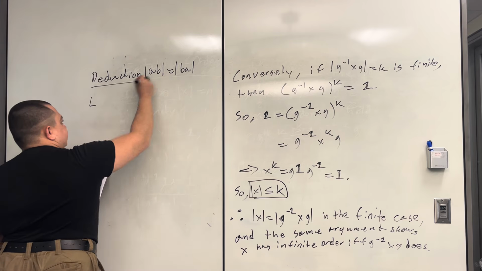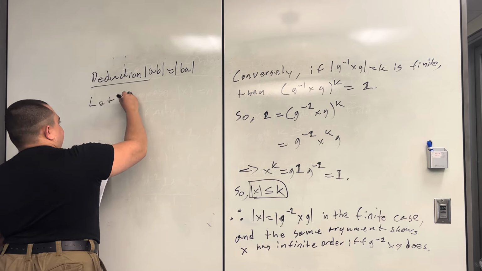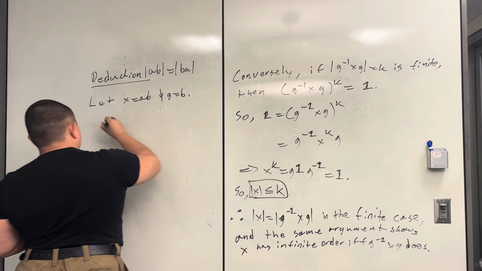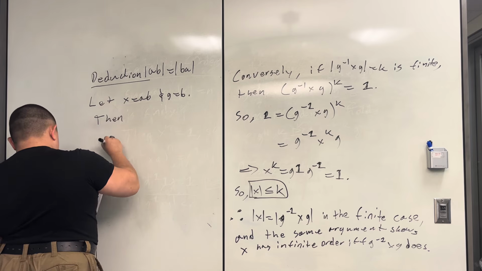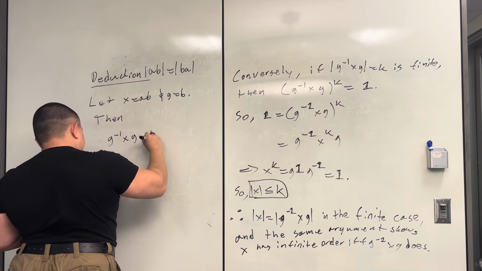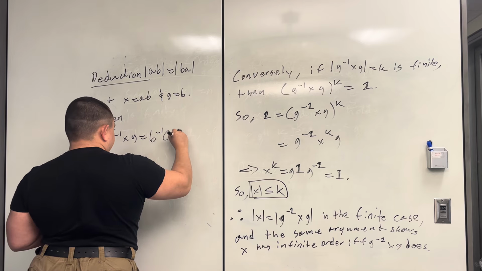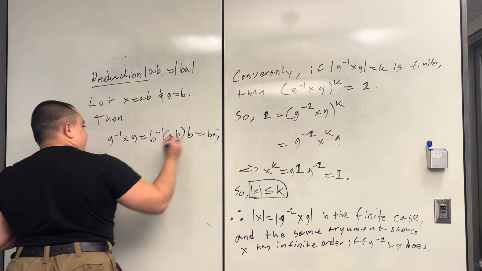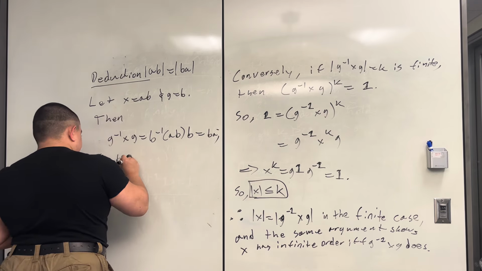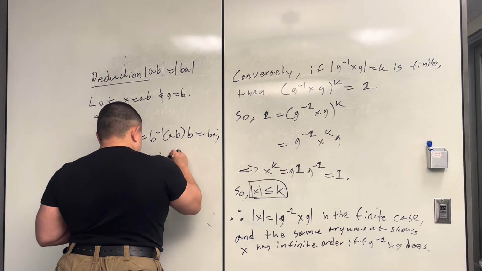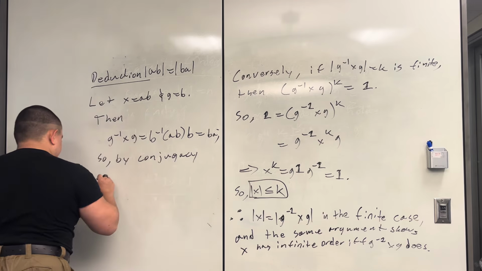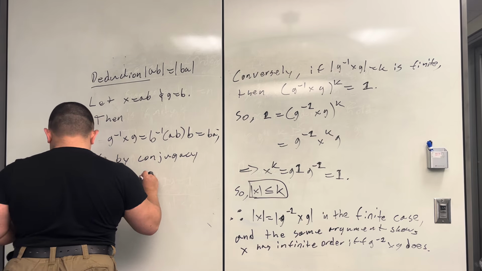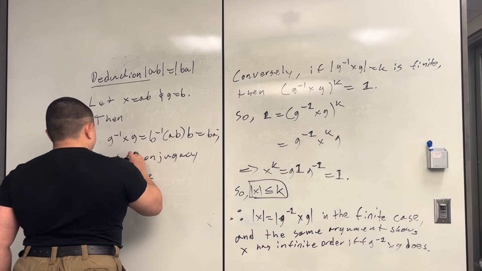So let's let x equal AB and g equal B. Then g to the negative 1 times x times g is equal to b to the negative 1 times ab times b, which is equal to ba. So by conjugacy invariance.